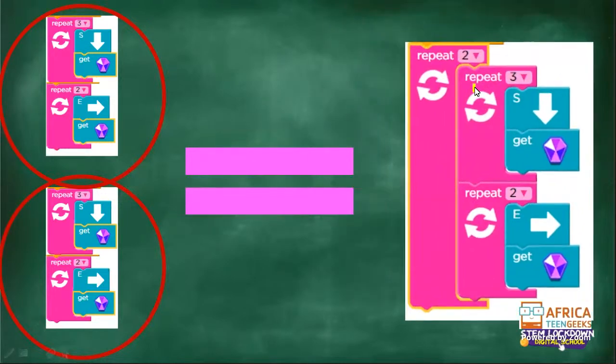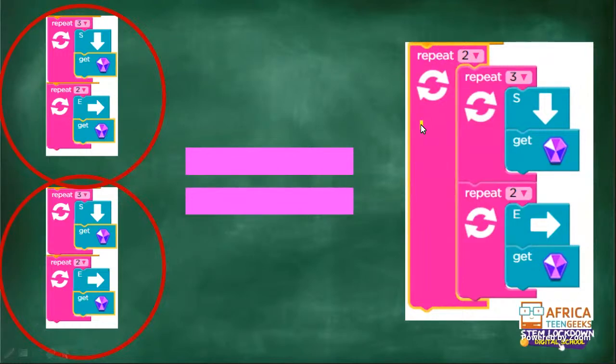Do you see that? You see that I took this one and this one, and I said repeat 2 times. So you see I put a repeat block into a repeat block. Okay, so this is what we will practice today.